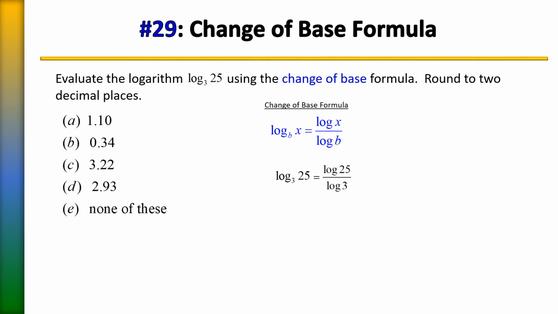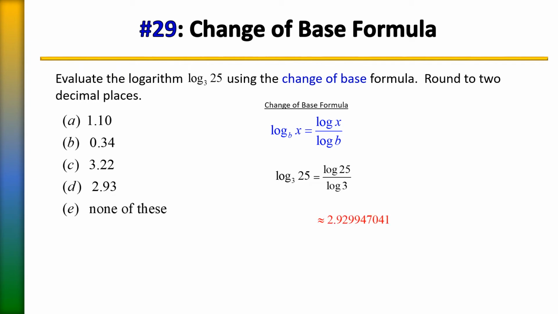And from that point, all you need to do is get your scientific or graphing calculator and type in log 25 divided by log 3, because you know that anytime you have it in fraction form or as a quotient, it's the same thing as division. So go ahead and do that, and let's see what you get.